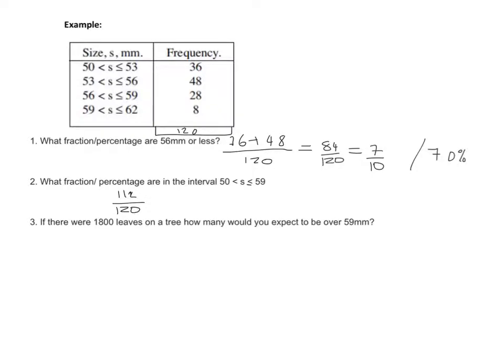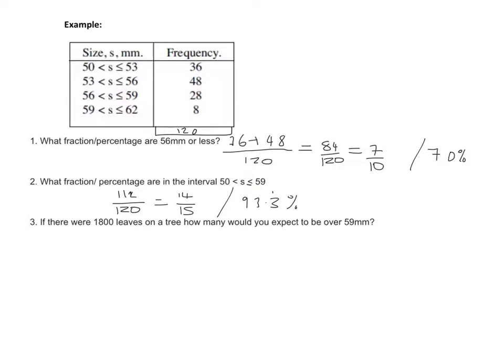There are 120 leaves, and if we want that as a percentage, we would times it by 100. But firstly, let's simplify it. We'll get 14 out of 15, and then if we times it by 100, our percentage will be 93.3 recurring percent.